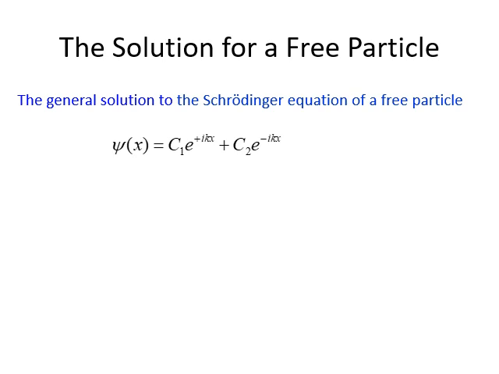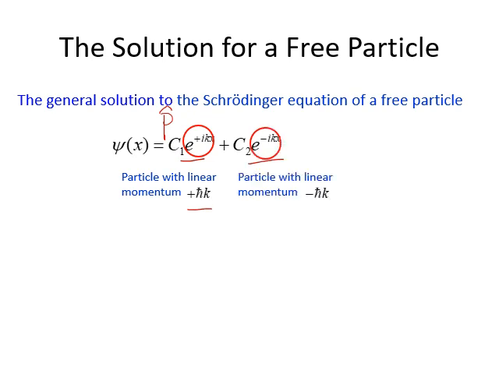We can find the kinetic energy and momentum of this particle. For example, to find the momentum, as we did in the last section, we just apply the momentum operator to this function. For this function, the momentum gives you h bar times k, but for this one, it gives you negative h bar k.